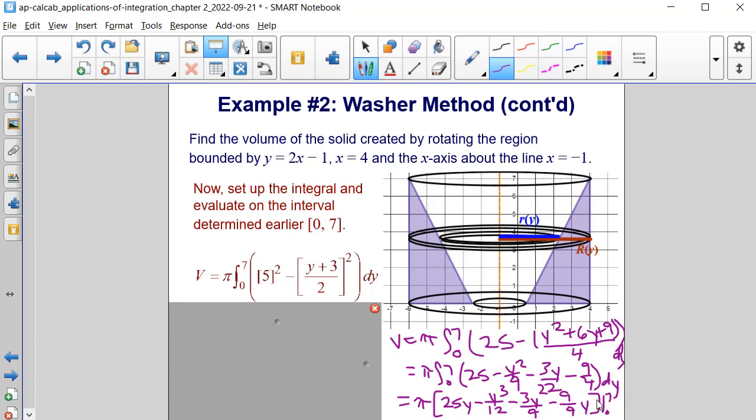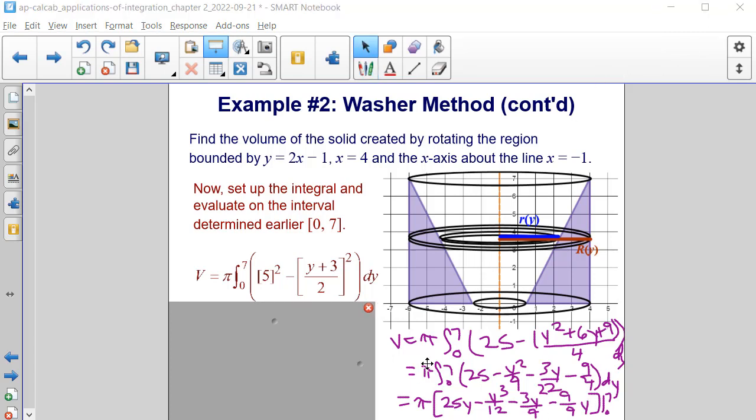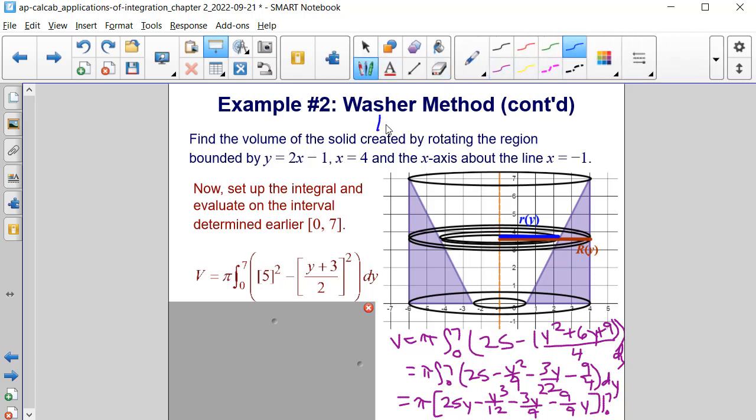Well, if we substitute 0 in for all these y values, we're going to end up getting 0. So let's substitute our 7 in for each of these y values to evaluate. 25 times 7 is going to be 175 minus 7 cubed, which is 343, divided by 12, minus 3 times 7 squared, which is 3 times 49, which is 147, over 4.